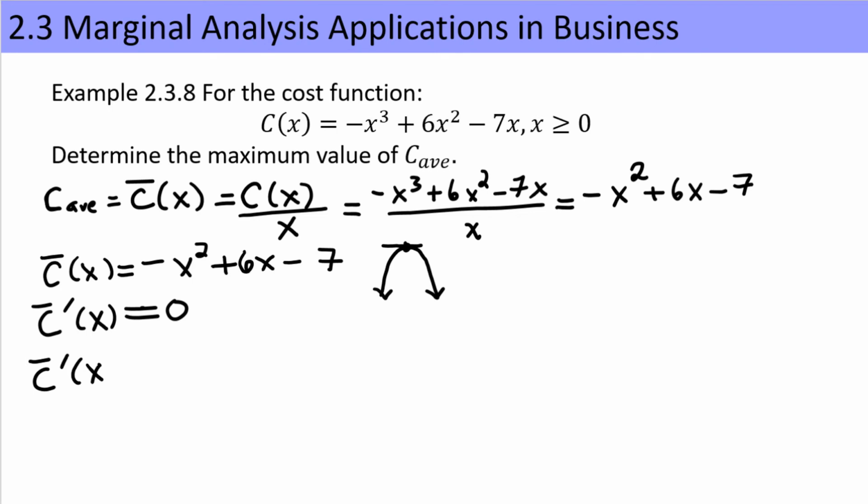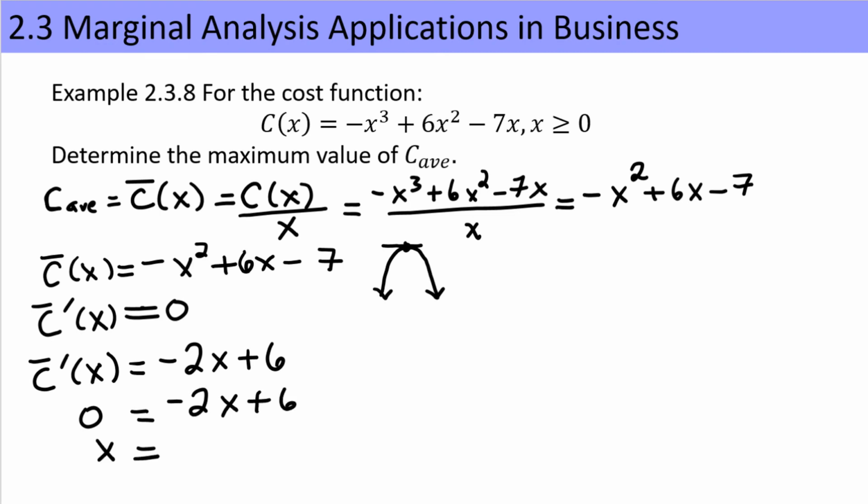The derivative of the average cost function is negative 2x plus 6. I just took the derivative of negative x squared plus 6x minus 7. Now let's set that derivative equal to 0. 0 is equal to negative 2x plus 6. And so when we solve for x, we get that x equals 3.